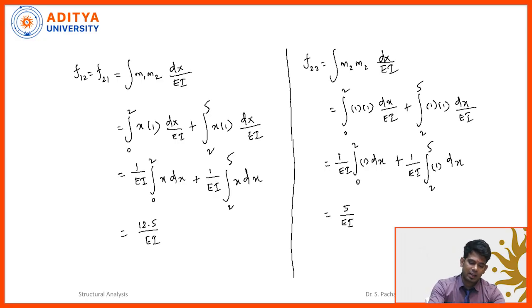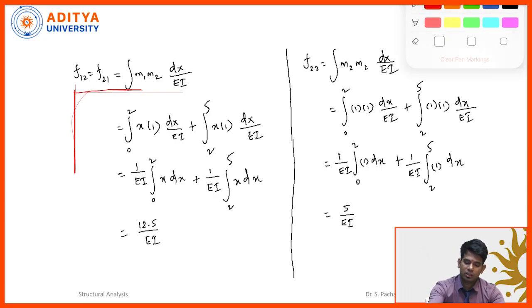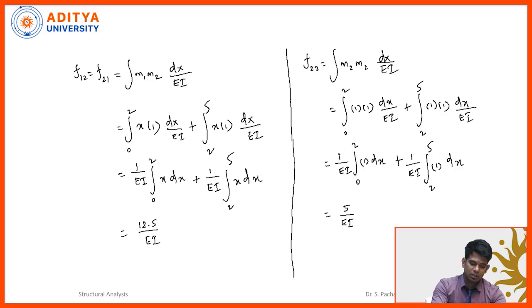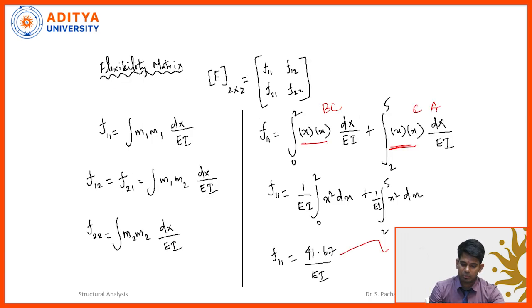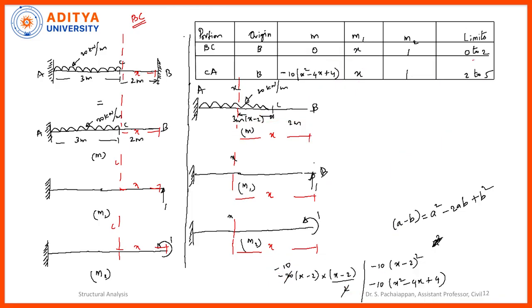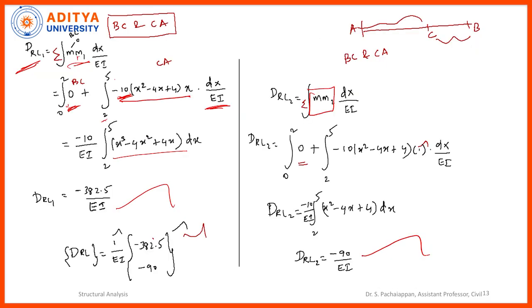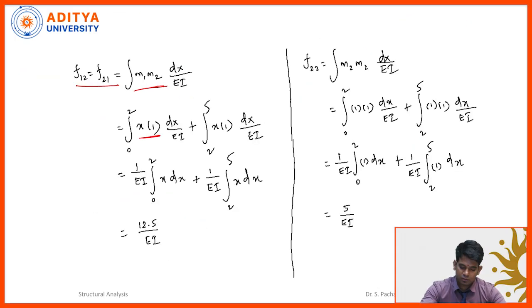Now similarly, we will calculate F12 or F21. I told you that this is a symmetrical matrix, so F12 is equal to F21. What is that value? M1 multiplied by M2. The M1 value is X, the M2 value is 1. That means X multiplied by 1, for both portions.